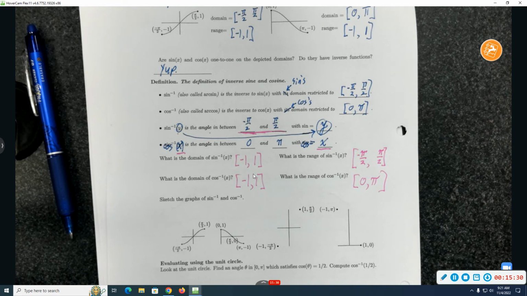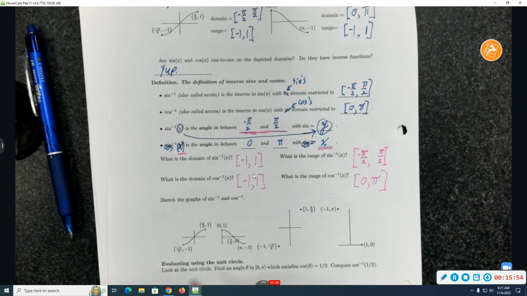Do you think we could also get their graphs by thinking about what inverse functions do? How do you get the graph of an inverse function from the graph of a function? Flip it over y equals x, which has the property that it changes x values to y values, and conversely. So let's do that to this.